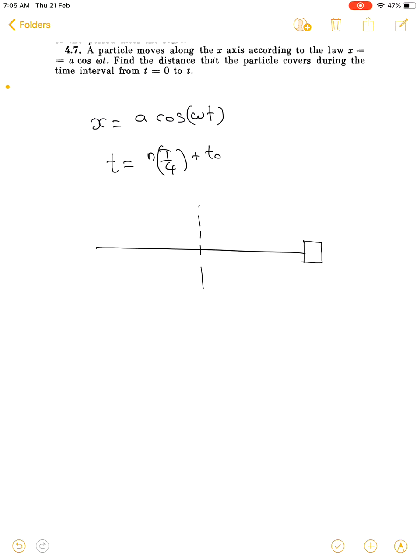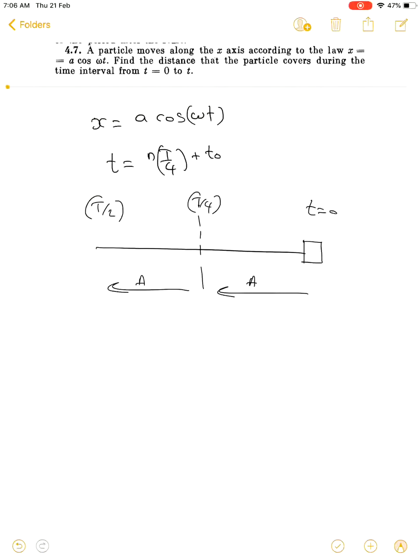At t = 0, the particle is at its extreme position. In a time of T/4, the particle will reach its mean position, so it will travel a distance equal to a. After another T/4, when time becomes T/2, it will travel a distance of 2a, this amplitude a plus this distance a.